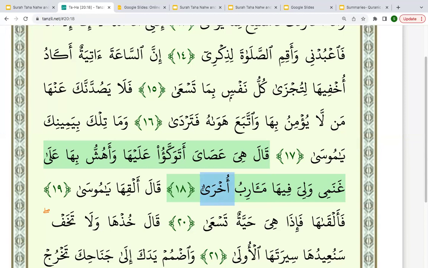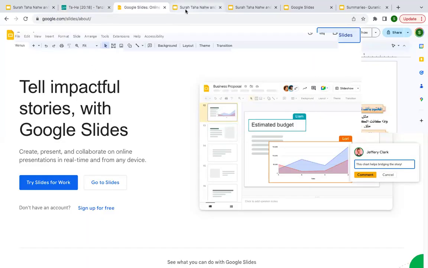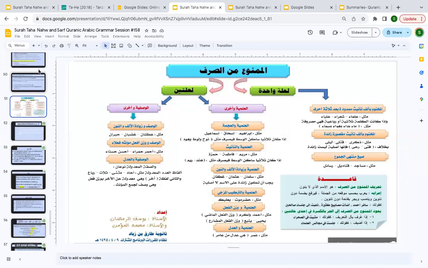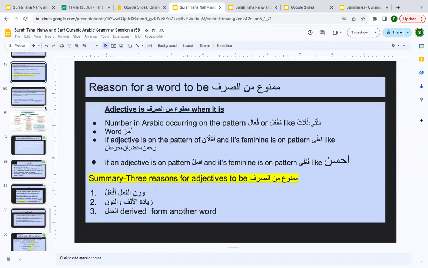Ukhra. So the words that have alif, that is alifut ta'anis, and this was given in your first term. But at that time, I did not ask you to memorize each and everything because it was too much at that time.